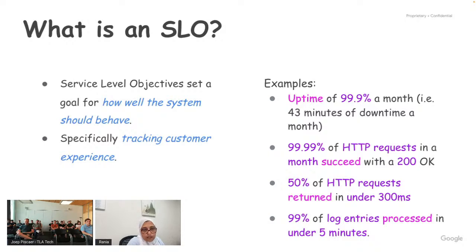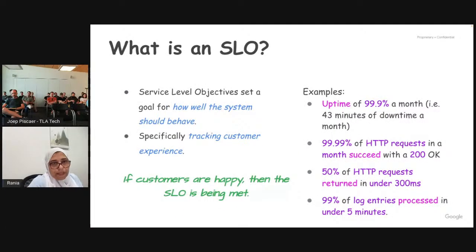So it's the response time per request, and I have 50% as a threshold. This is my dream, that half of my requests be returned under 300 milliseconds. If the customers are happy, definitely the SLOs are being met.